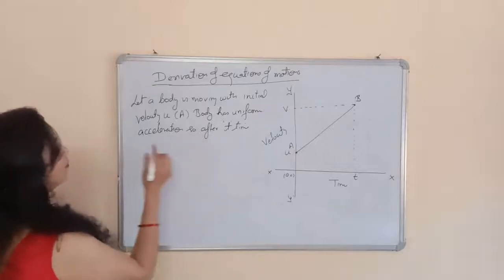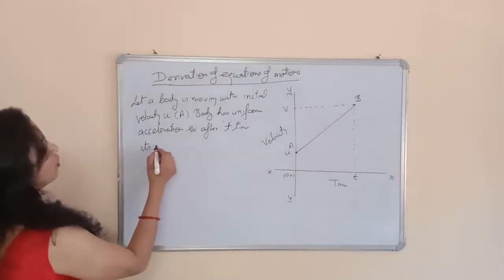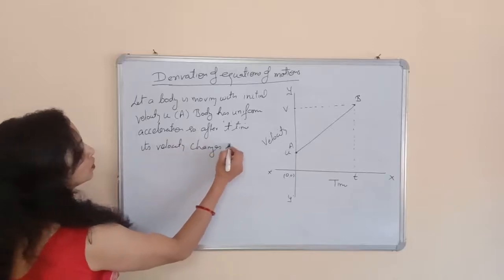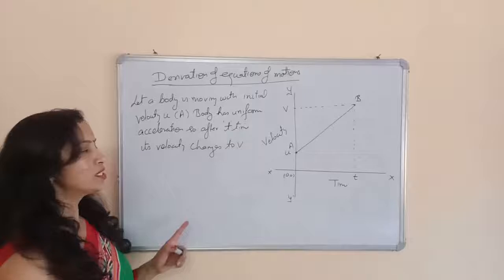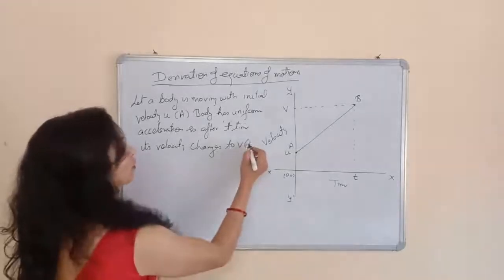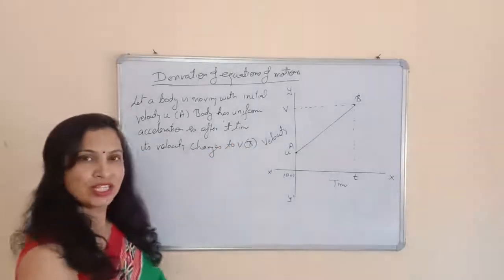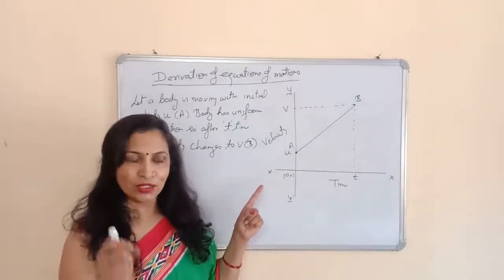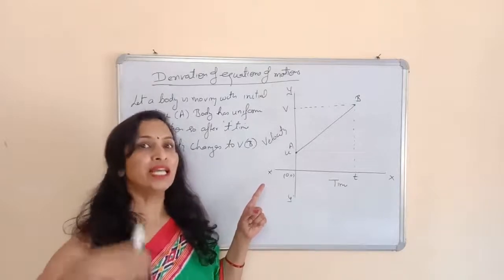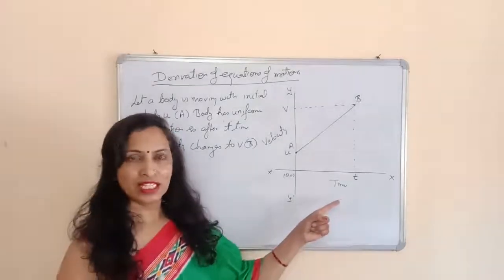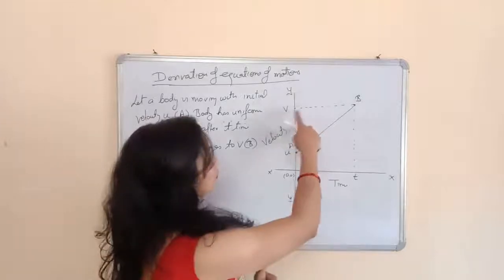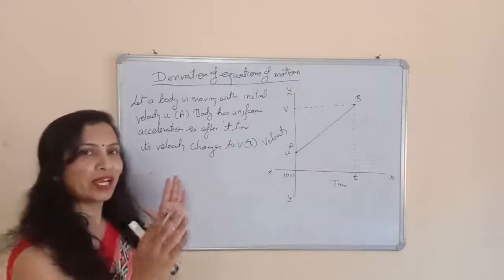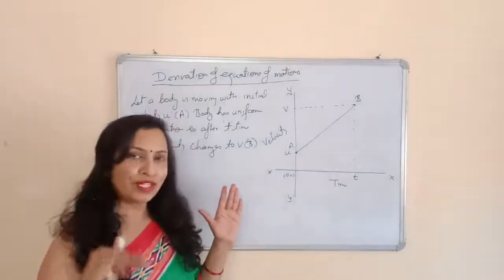So after t time, its velocity changes to V. This is the final velocity of the body, and we represent this velocity by the point B. Initially the body is moving with the velocity of U and it has a uniform acceleration. Uniform acceleration means its velocity is going to increase. So after t time its velocity changes to small v. This is the statement you have to write before all the three derivations.